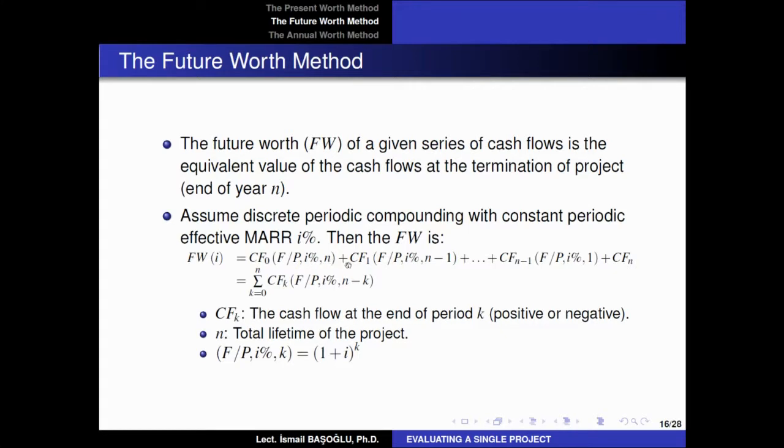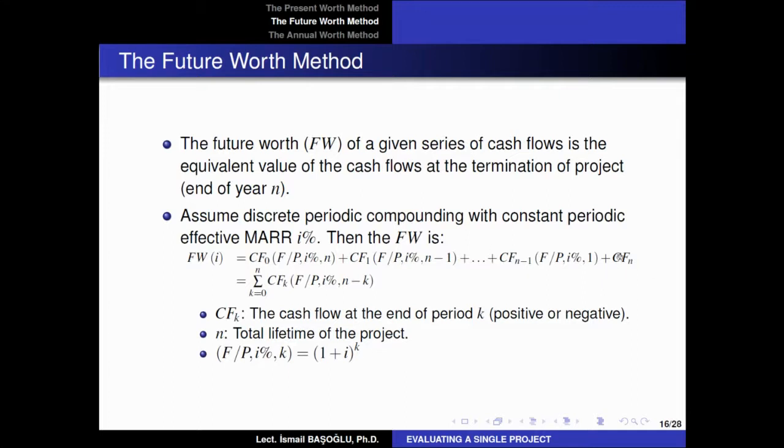Okay. And the rest is going to be the same. So at the end of first year, the cash flow is going to be multiplied with, again, the single payment compound amount factor. However, this time for n-1 years under i% interest rate, so on and so forth.